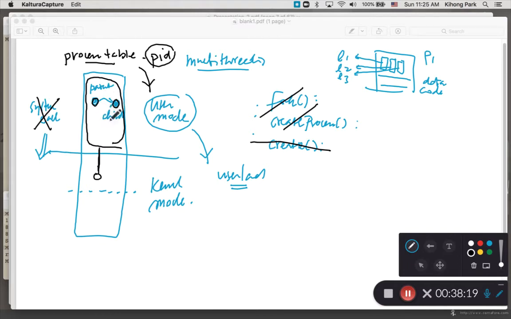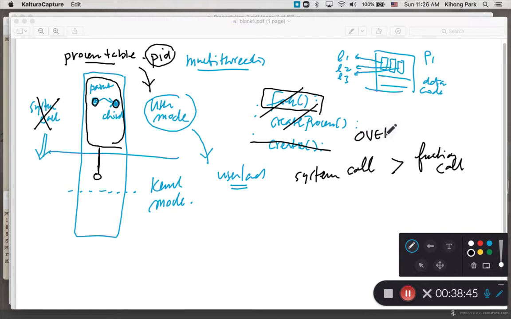Now, why would you ever do that? One benefit is you don't have to make system calls. And in lab 2, you get to experience some of the overhead that comes into play when making a system call. A system call, in general, has much more overhead than a regular function call. So from the overhead viewpoint, this guy is slower than this guy.